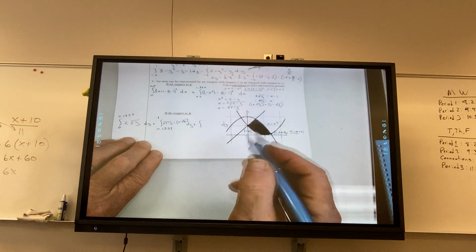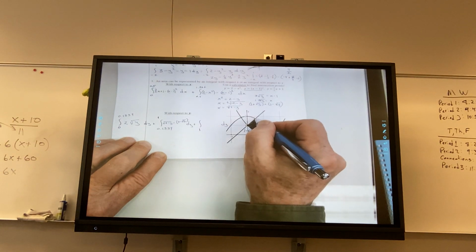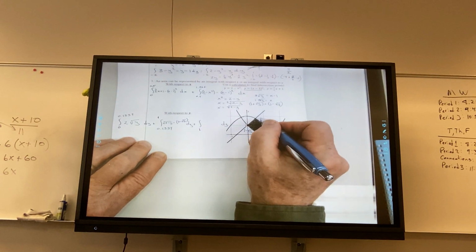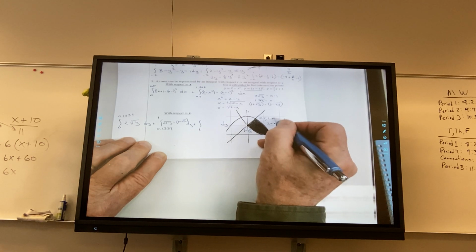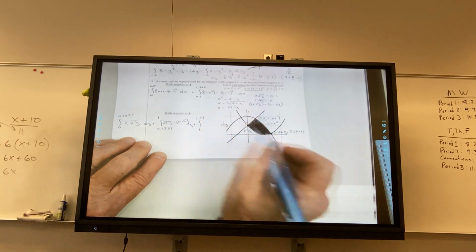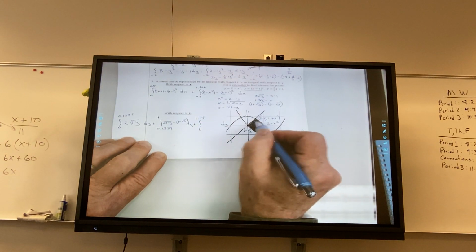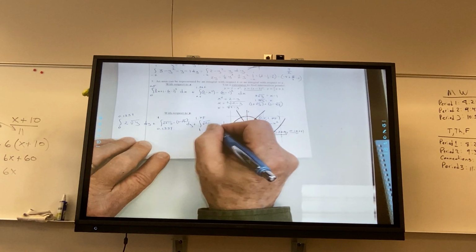Okay, and then this one will be from 1 to this y value. And for this y value, I came up with a point 0.5 comma 1.75. So I'm gonna go to 1.75. And it's gonna be this side minus this side. And I got the square root of 2 minus y.